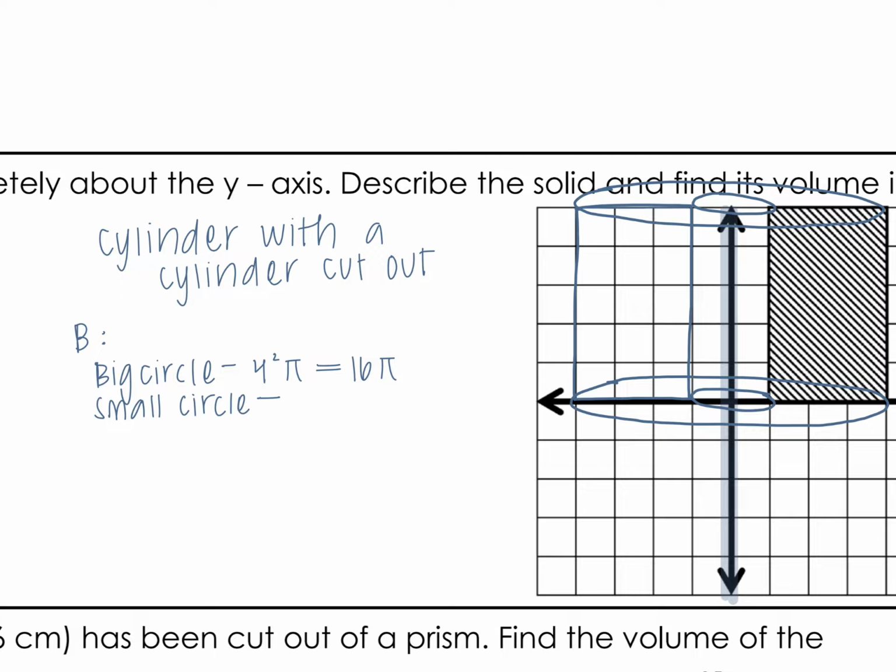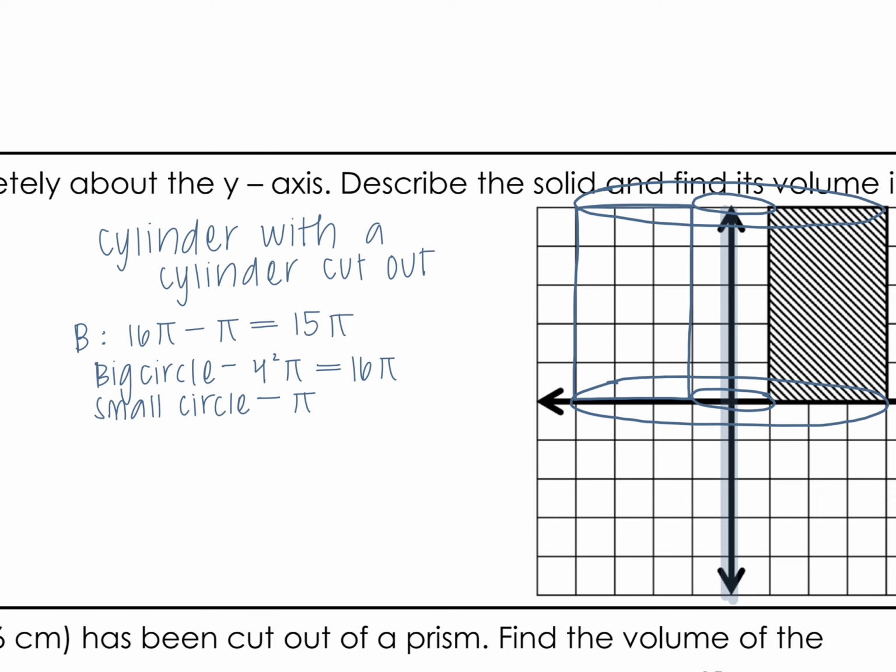So my small circle is going to have, starting at the line I'm reflecting over and just counting over, a radius of 1. So that's just going to be pi in general, because 1 squared is just 1. So for my capital B, I would take that 16 pi, my big circle, minus the small, which is pi, to give me 15 pi.